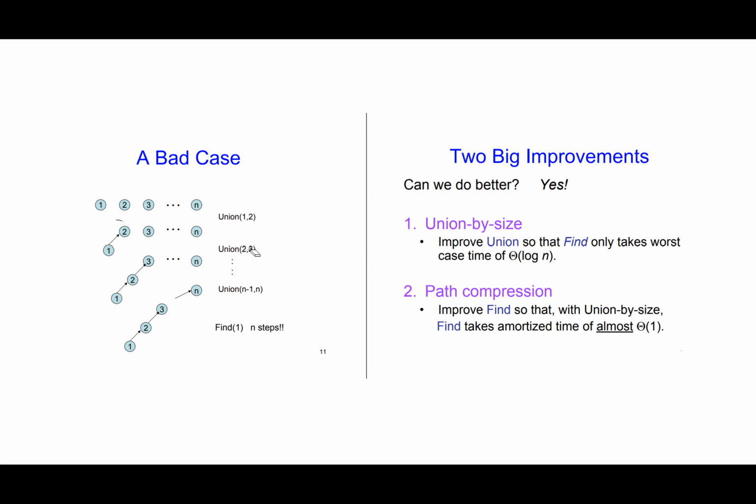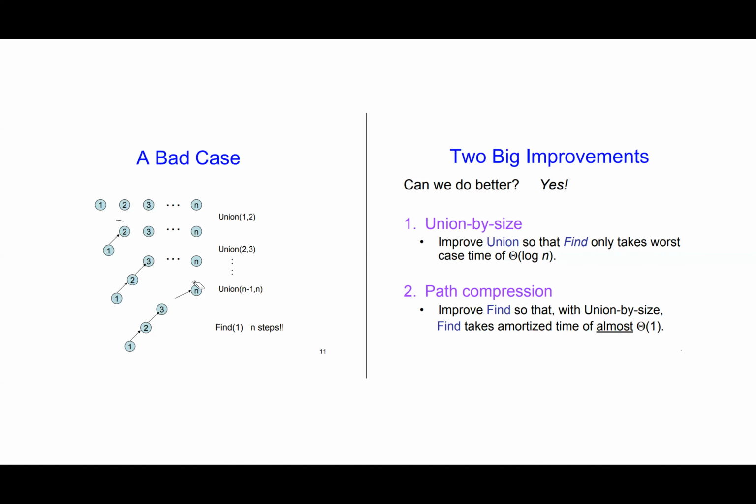Next we say union of 3 and 4, right? So we are doing it sequentially, 1 to 2, 2 to 3, 3 to 4, right? So basically after doing this, up to union of n minus 1 and n, it becomes a chain, 1 to 2, 2 to 3, 3 to 4, right?